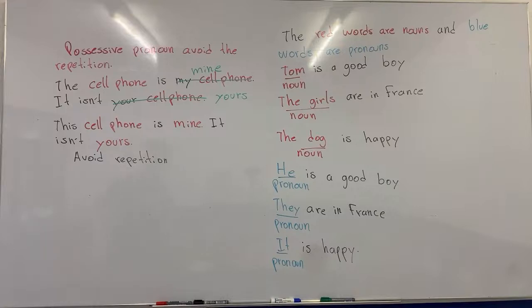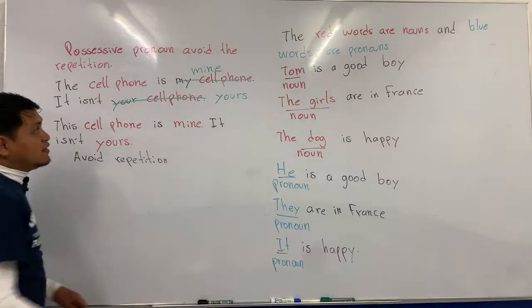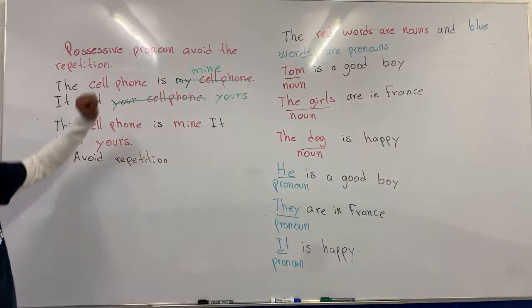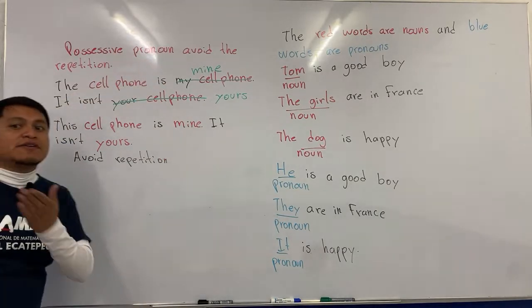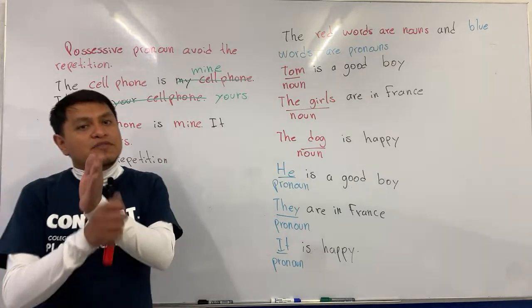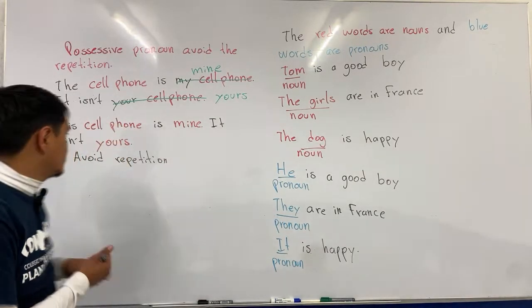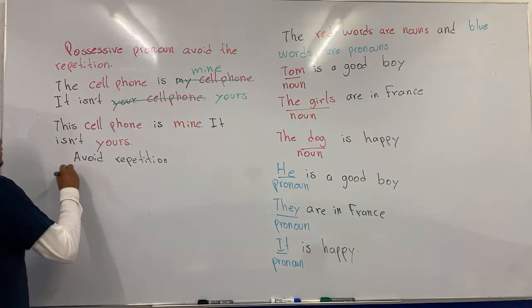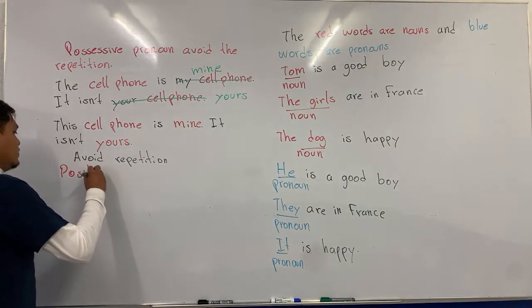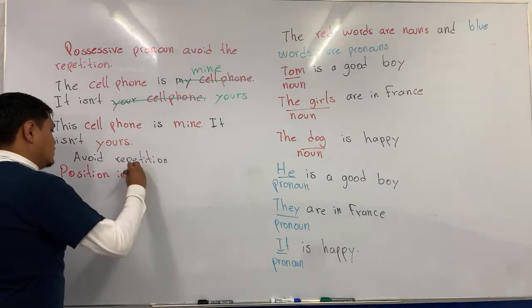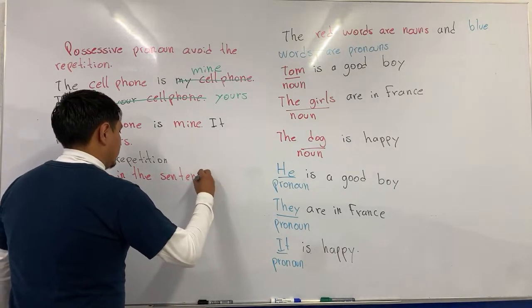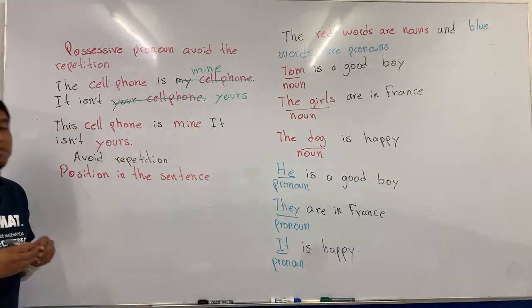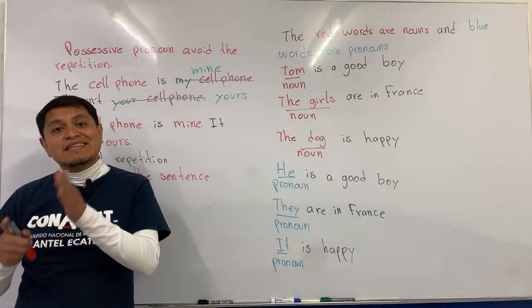Right. The next part of this topic. This was possessive pronouns avoiding repetition. The next part is position in the sentence. Right? The position in the sentence.